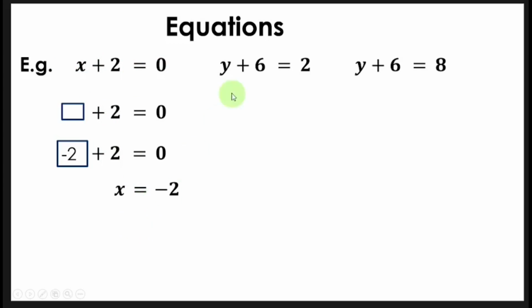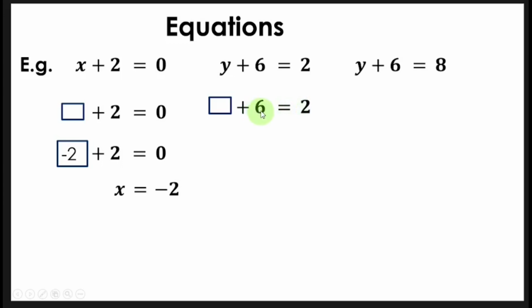Equally, where we have y plus 6 equals 2, y stands for a number which is not yet known, an unknown variable. In grade 1, it would be represented by an empty box plus 6 equals 2. Since an equation says this side is equal to this side, we ask ourselves, what should we do to 6 in order to get 2?